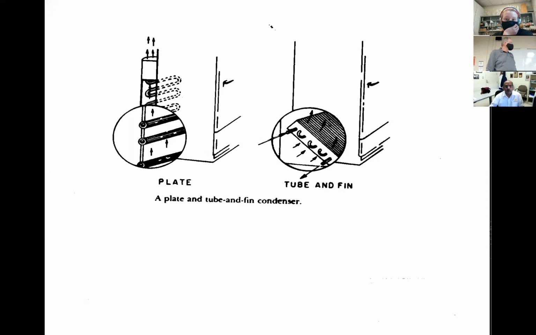And one that you're probably a little more familiar with, back of your refrigerator, potentially what you might be seeing outside when you get your air conditioners going in the summer months here. Again, in this case, you've got a plate and a tube and fin condenser. And what we're doing here is you're allowing air, maybe with a fan assist, blow across.